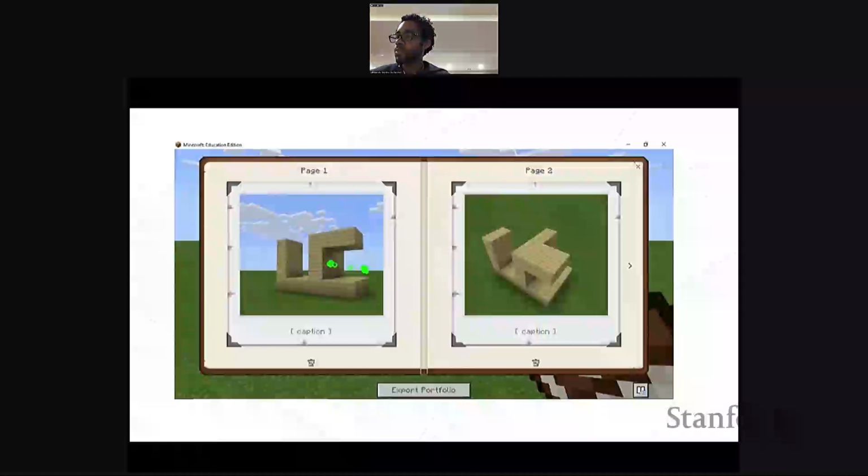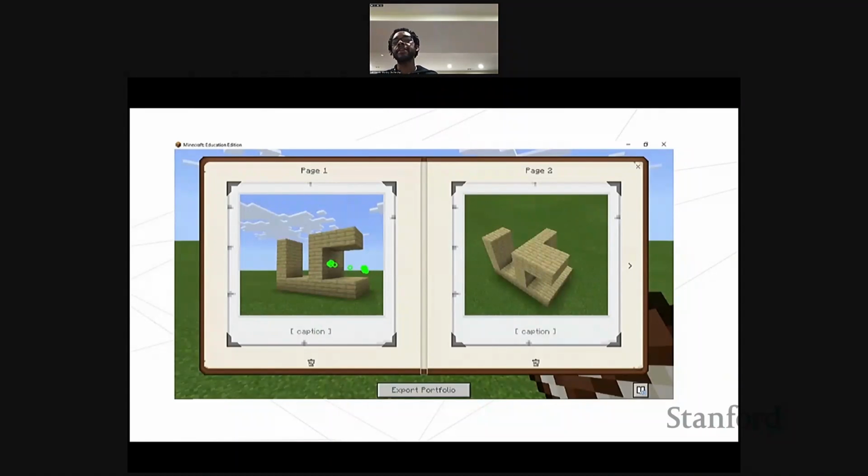So one of the neat things with this too, though, is that alongside using the multimodal input, the multimodal data for people to control the interface, we can also use the multimodal data to study what they're doing. And this has been providing us an important window into thinking about spatial reasoning in particular.